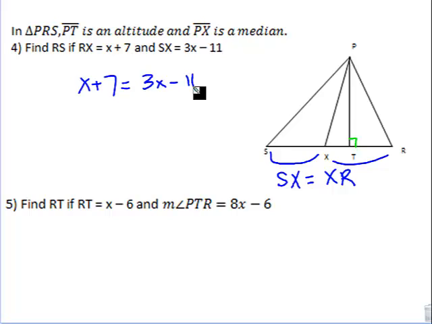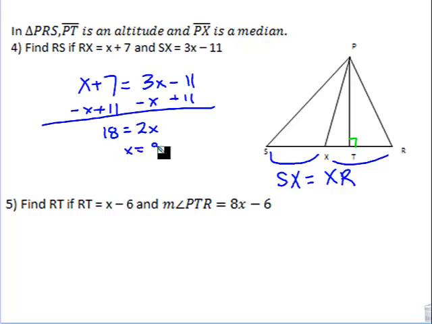So x plus 7 is equal to 3x minus 11. So to solve this for x, we will have to subtract the x and add the 11 to both sides. When we've done this, we now get 18 is equal to 2x, so x should equal 9.